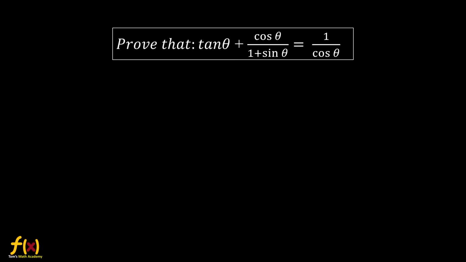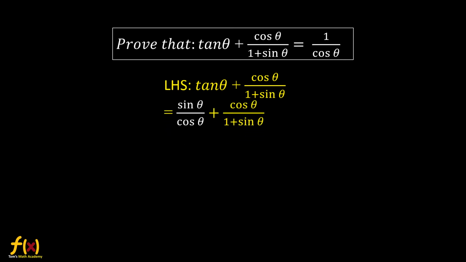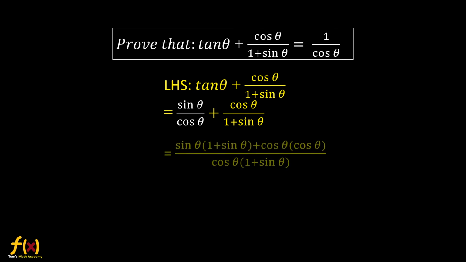Prove that tan theta plus cos theta over 1 plus sin theta equals 1 over cos theta. So at a glance we find that there is tan theta on the left hand side. So we can use our basic identity, that is sin theta over cos theta. And then we have to find the LCD.